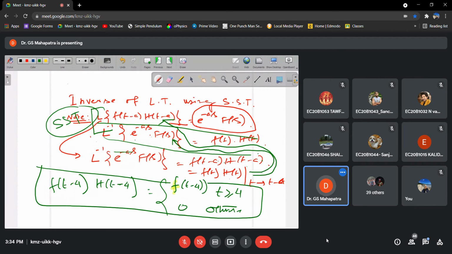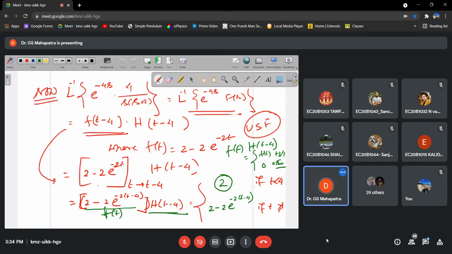Whatever the function here, if it is f of t minus 4 or f of t or f of t square, whatever may be, should be like that. So that one actually I understood. That's why people are confused. Now it is clear, I think.